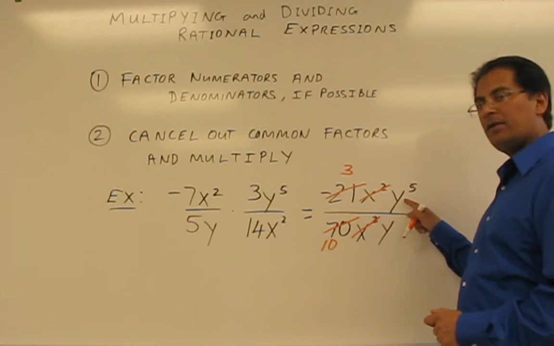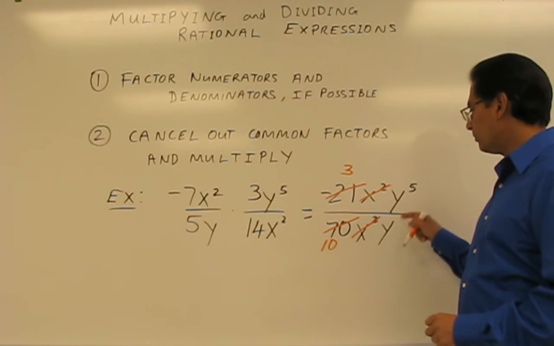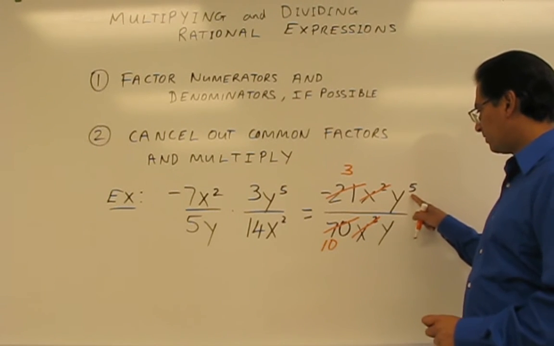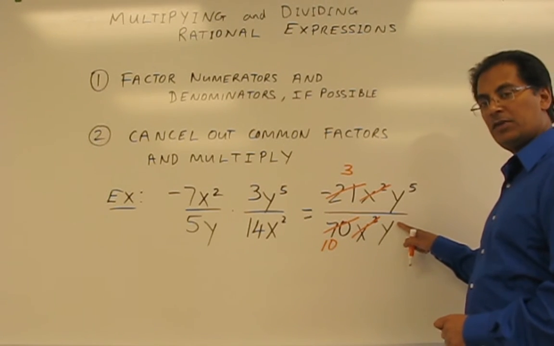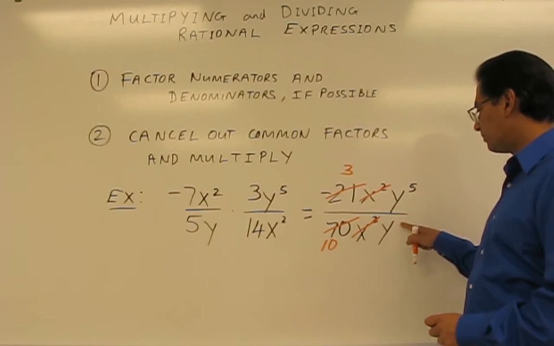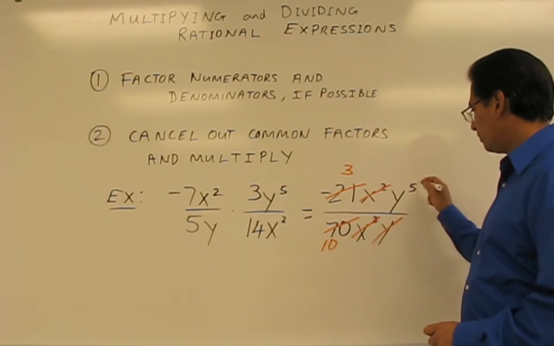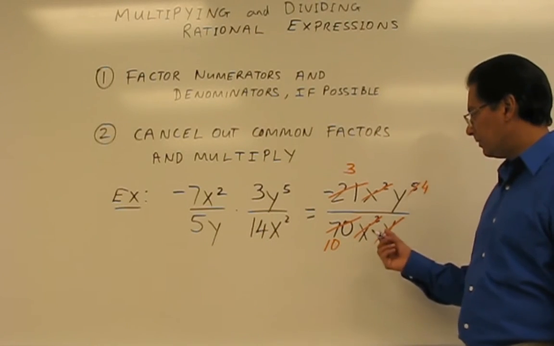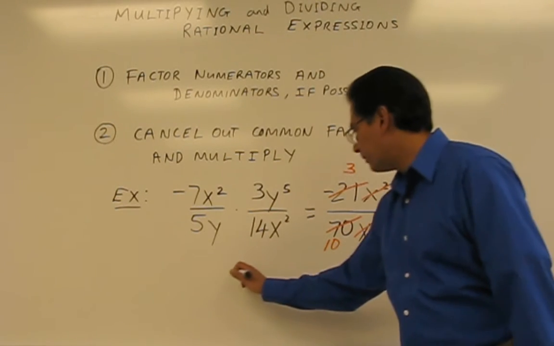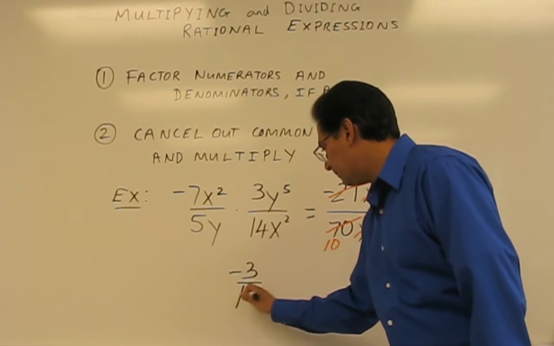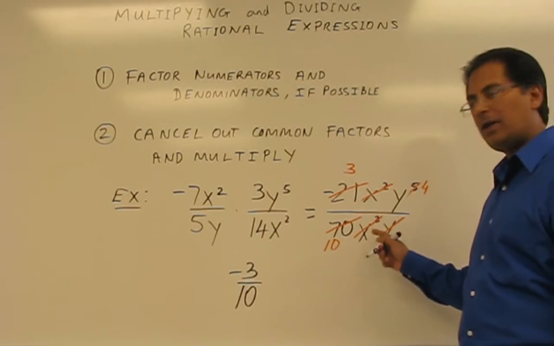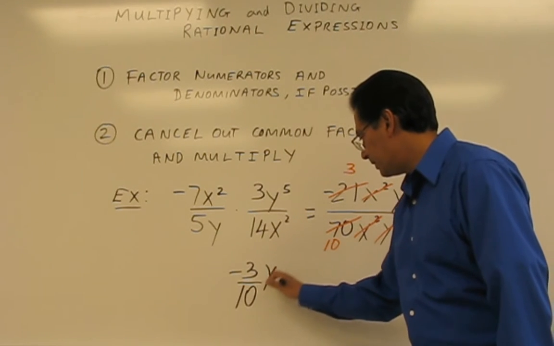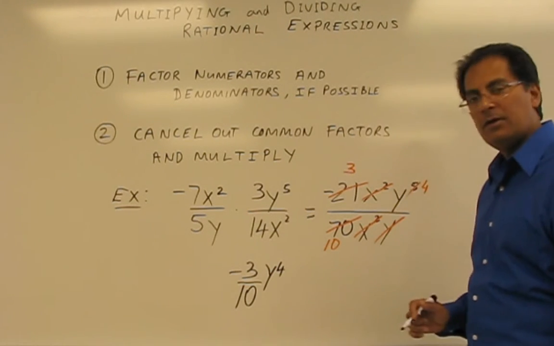And here we have y to the fifth over y. Using the rules of exponents, we can subtract exponents. So this is fifth power minus, on this y is a 1 power. 5 minus 1 is 4. In other words, this will cancel with this one to make this y to the fourth. And what are we left with? Well, we'll have a negative 3 over 10. We won't have any x's because they would have cancelled out. And we have a y to the fourth on top. So negative 3y to the fourth over 10.